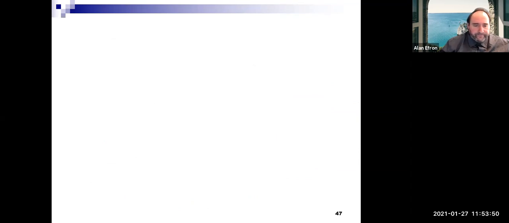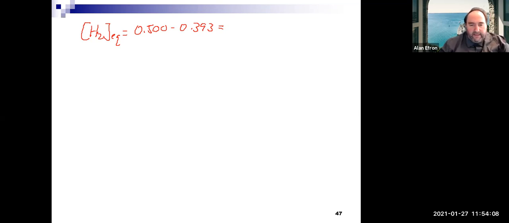And if we do that, H2 at equilibrium would be 0.5 minus x, which was 0.393. And that would get us 0.5 minus 0.393, 0.107. Again, we do need units there as it is a concentration.